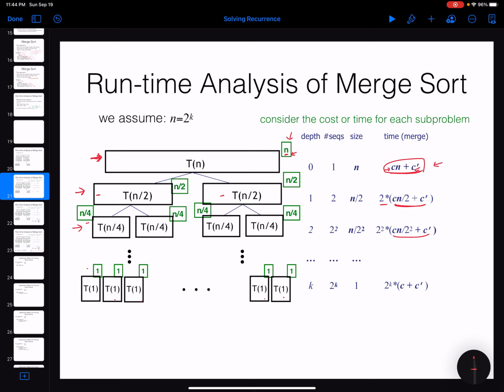So each time I am adding one power of 2 in these levels, dividing by 2, dividing by 4, in the next level dividing by 8, and so on, until I reach T of 1. So now the question is, how many levels is this tree going to have?